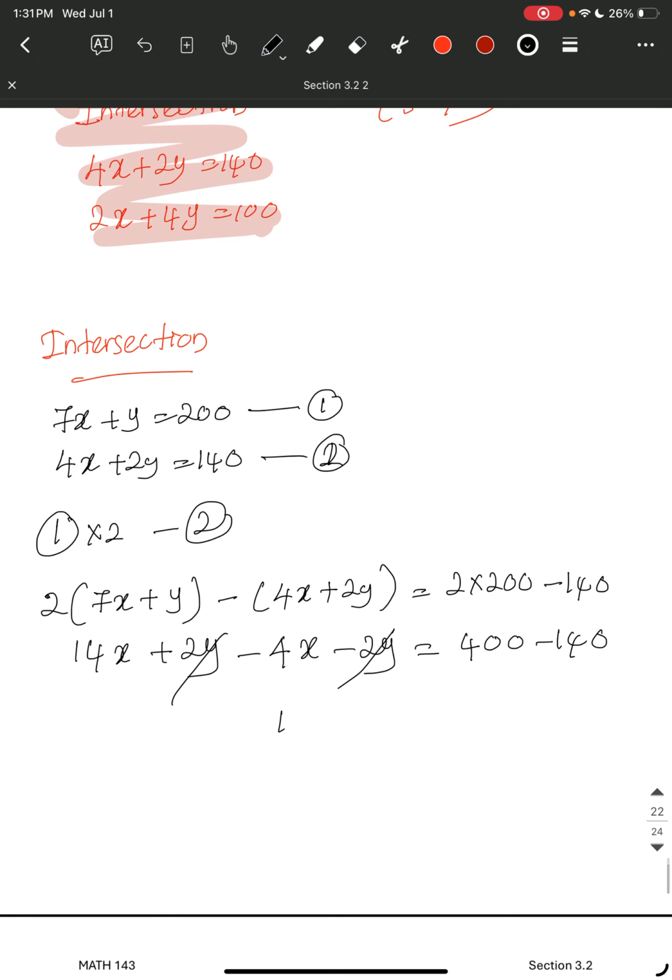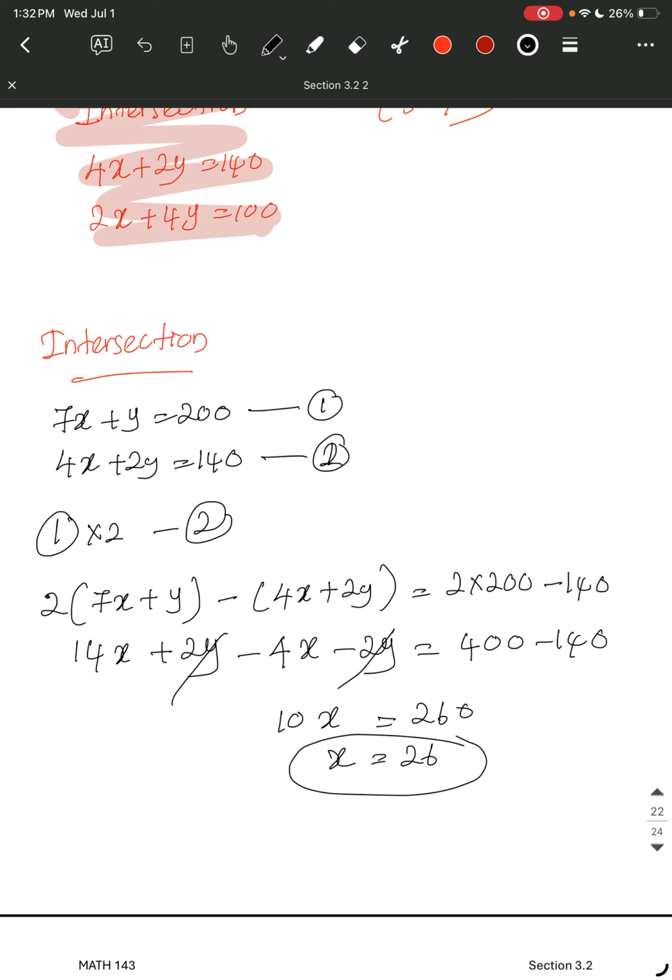So 10x equals 400 minus 140, 260. So x equals 26. And 7x plus y equals 200. Then y equals 200 minus 7x.